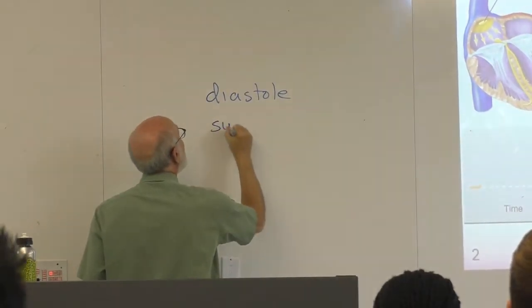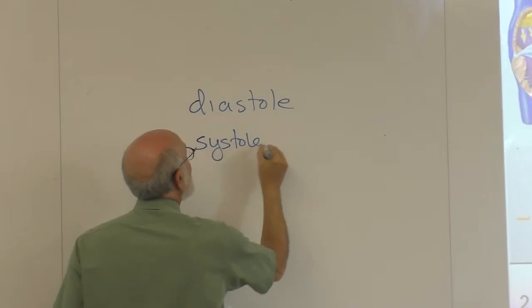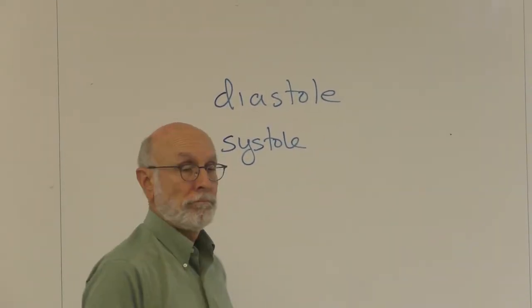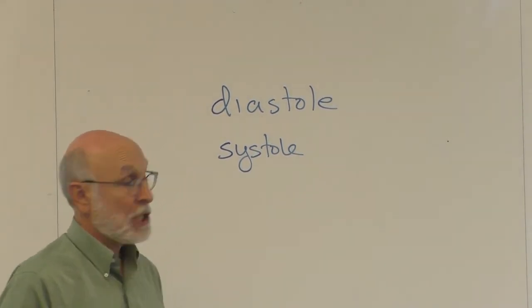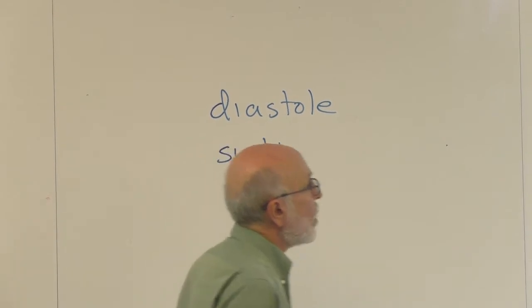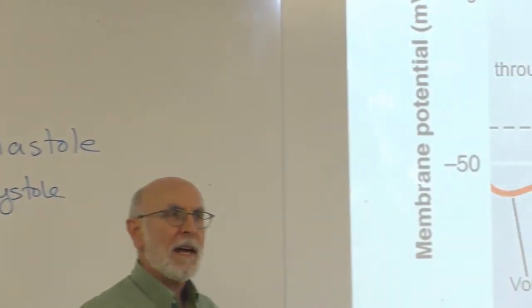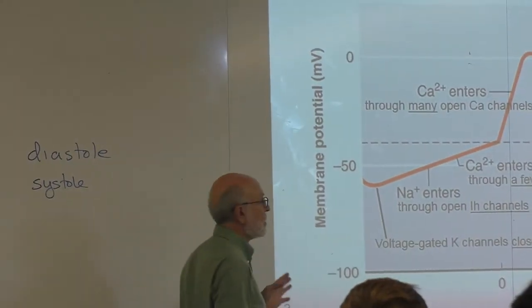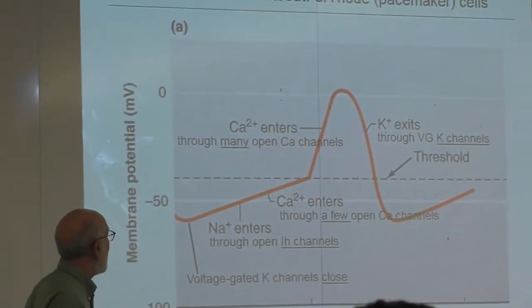And systole starts with depolarization and action potentials in the SA node. So here's a slightly modified slide from the one that we were talking about on Tuesday. Let's just go through this reasonably fast.